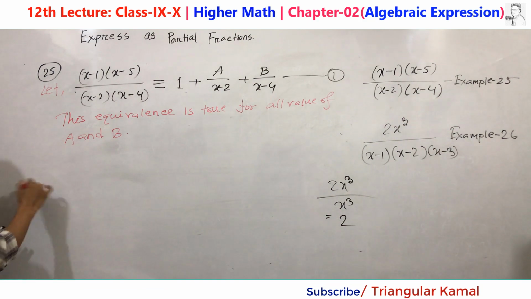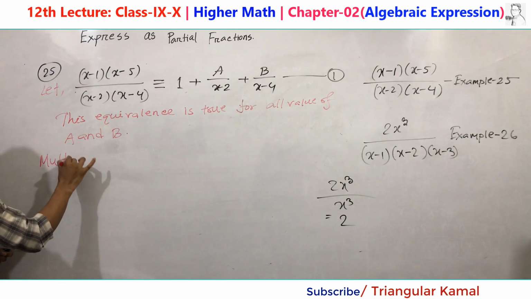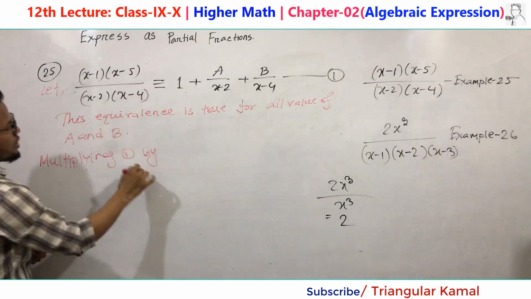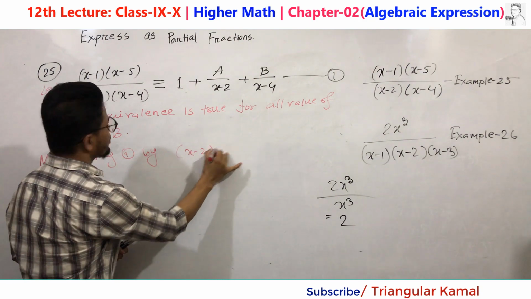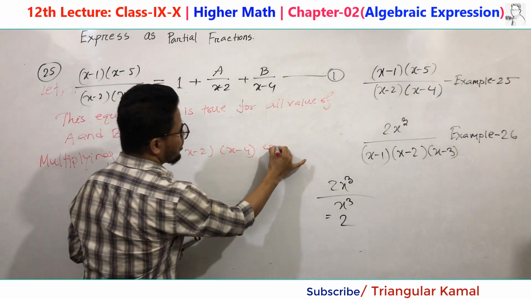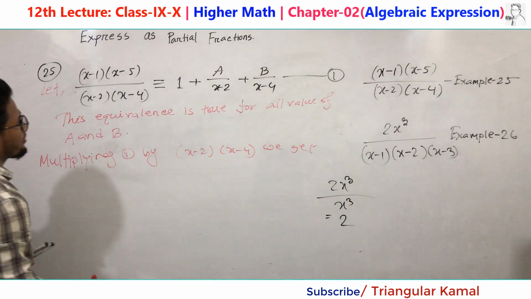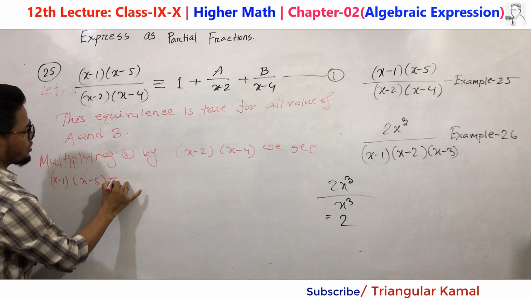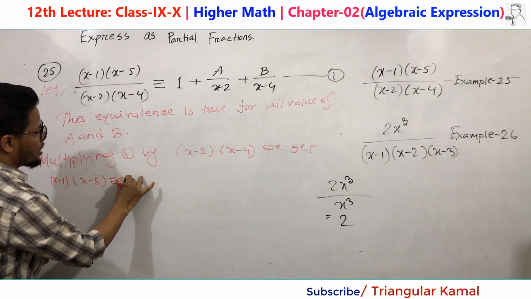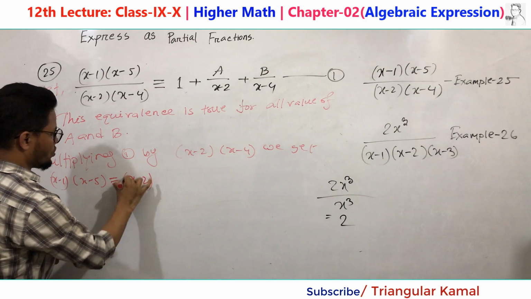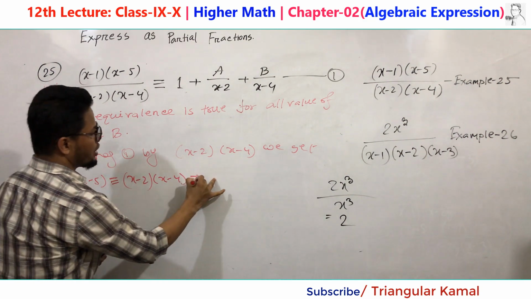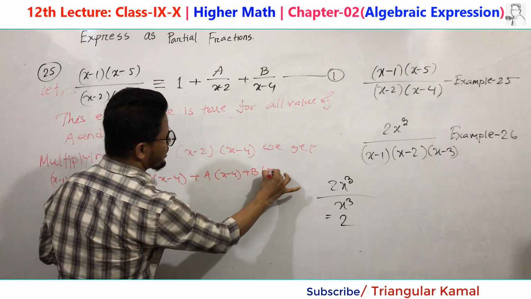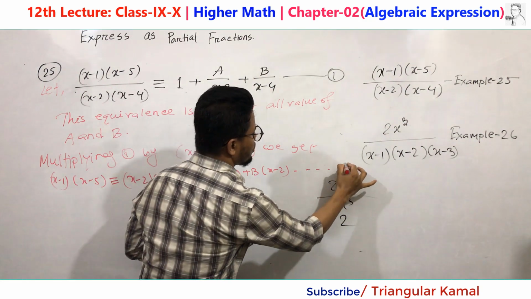Now multiplying 1 by the denominators x minus 2, x minus 4, we get x minus 1 and x minus 5. Here we will get 1 multiplied with x minus 2 and x minus 4, and then A by x minus 2 will be x minus 4, plus B by x minus 4 will be x minus 2, and this is equation number 2.